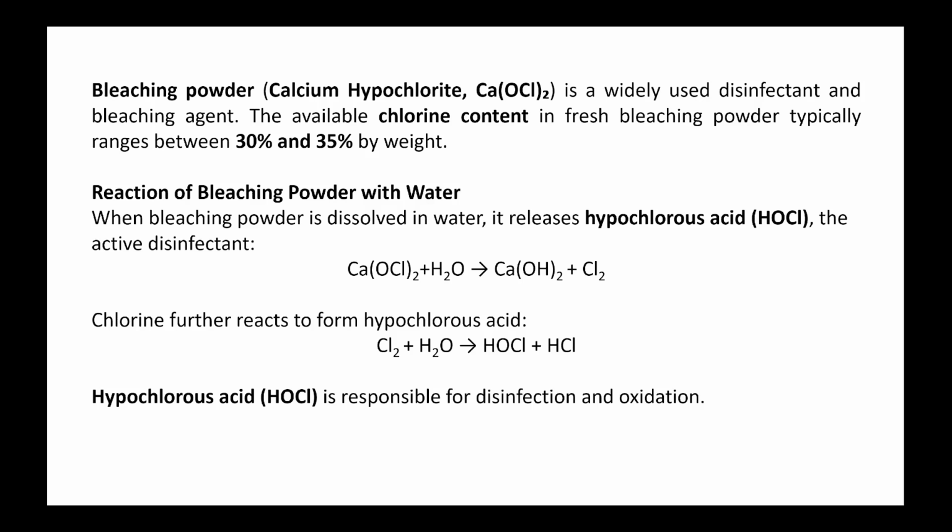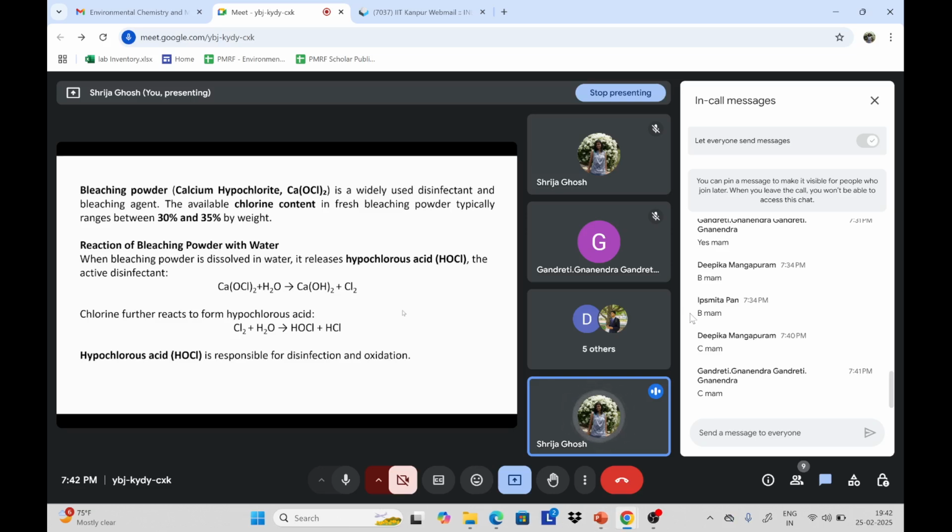I'm pretty sure you all must be familiar with bleaching powder at home, right? Bleaching powder is generally used when you're cleaning your sinks. A lot of people use bleaching powder to clean the wash basins.